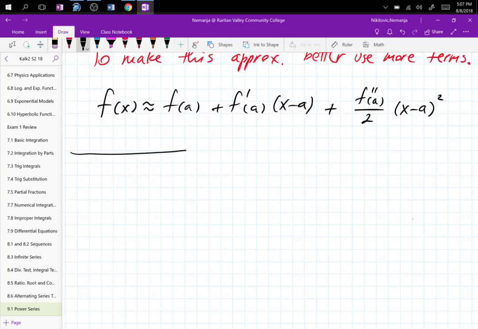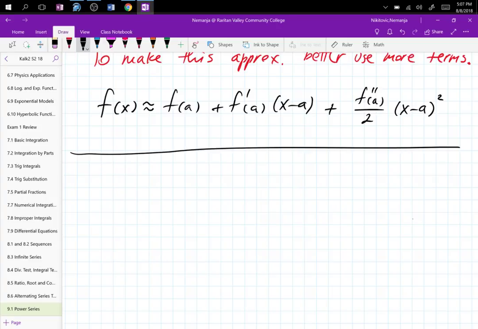It's called power series because I'm going to replace the function sine x or e to the x or ln x or whatever else you can come up with by a polynomial. Polynomials are extremely easy to differentiate and extremely easy to integrate, and it will be much better to work with a polynomial of some kind, whatever degree you pick, second, third, fourth, fifth degree, it's going to be better than working with e to the negative x squared.